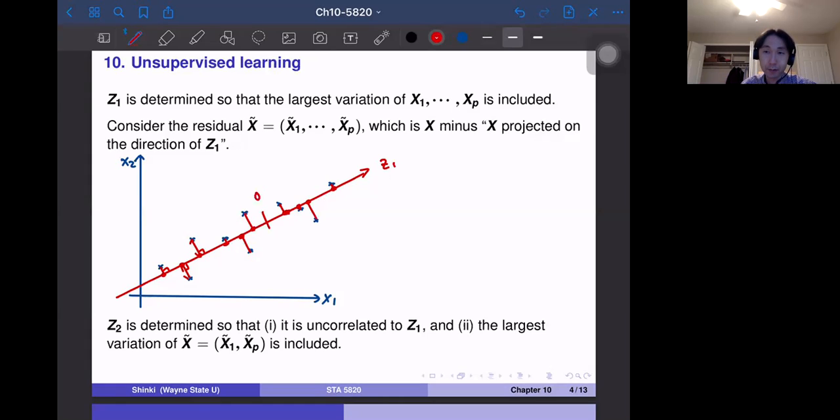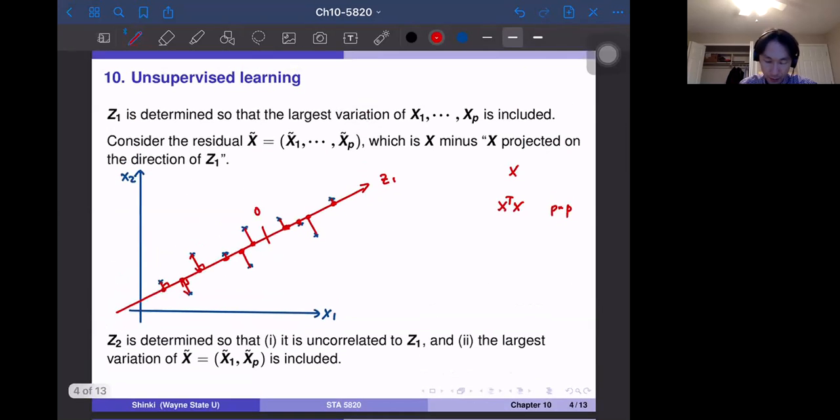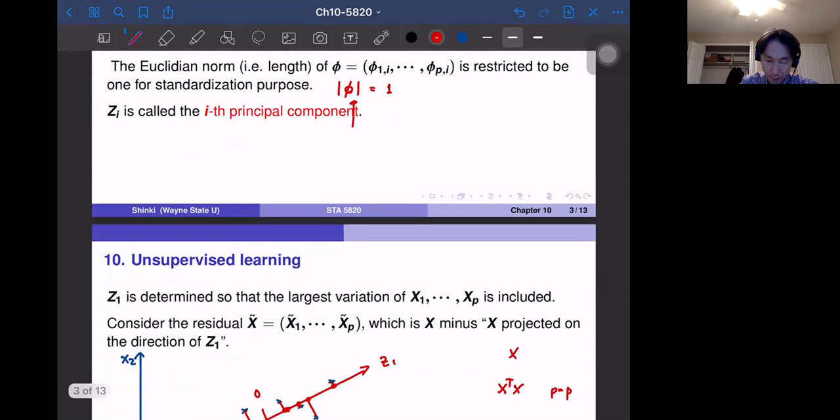If we consider that matrix as X, and if we think about X transposed X, then that is a P by P matrix. For that P by P matrix, we can calculate the eigenvectors. The eigenvector with the largest absolute eigenvalue corresponds to phi1.